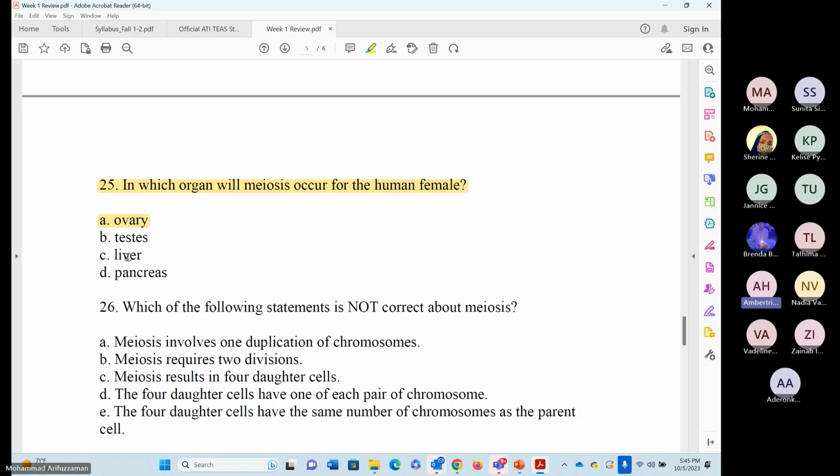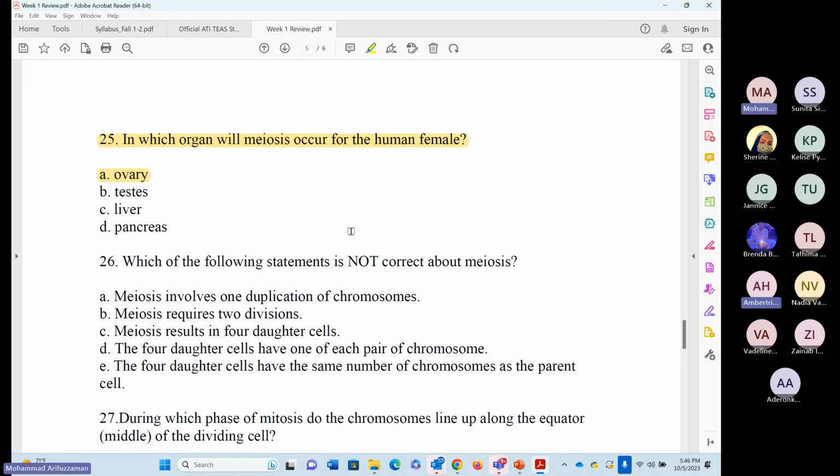Mitosis. Most cell divisions in the organs are mitosis. Meiosis only produces sperm and egg, and the rest of the cell divisions are mitosis. Okay, that's good.